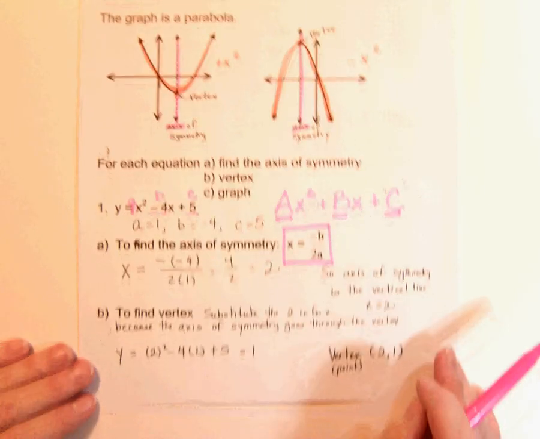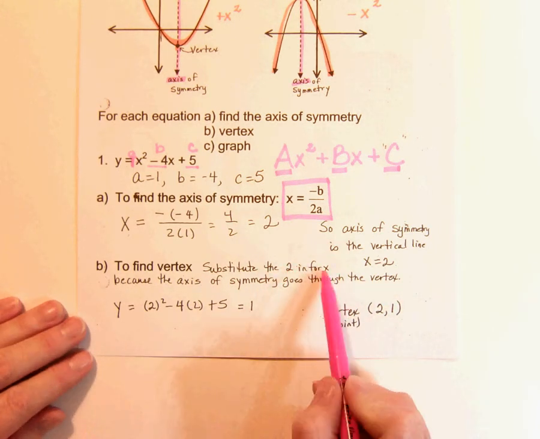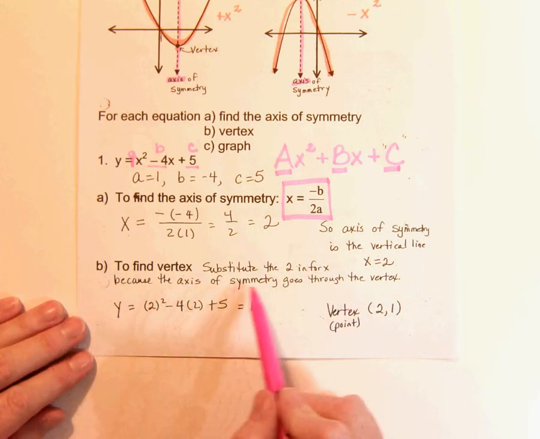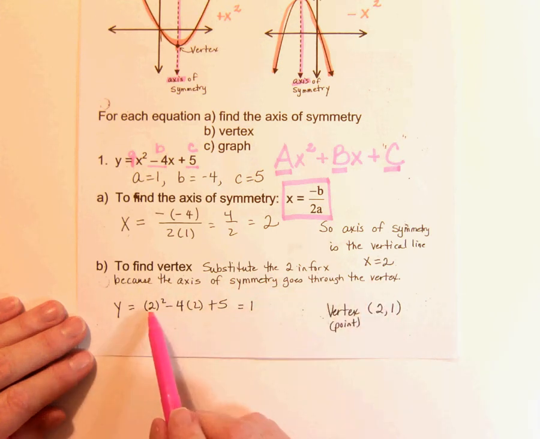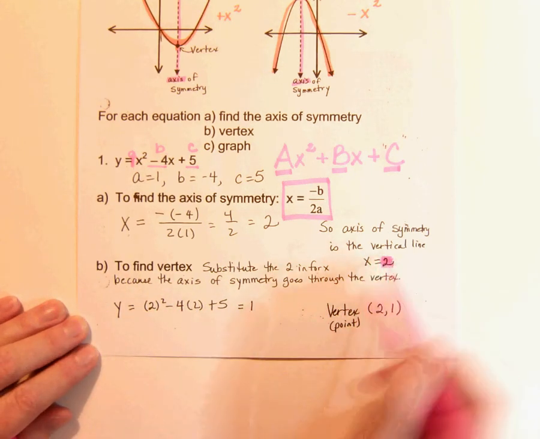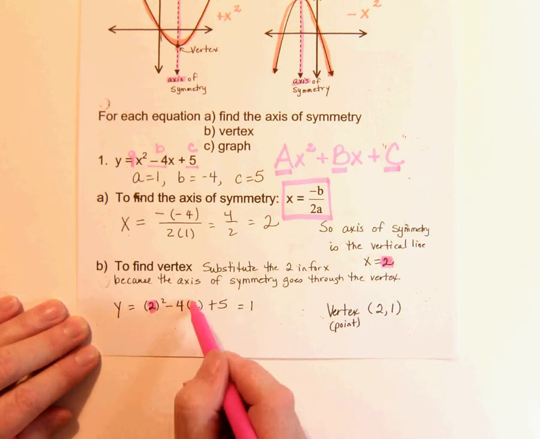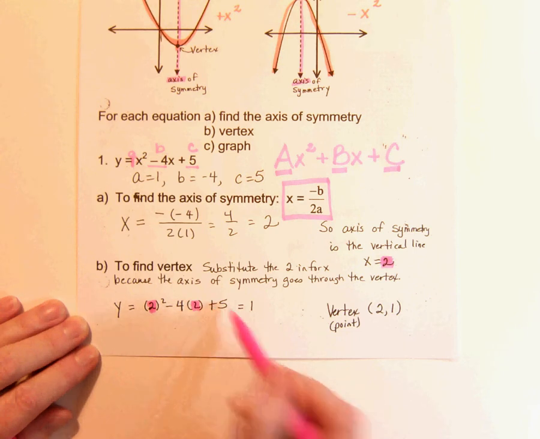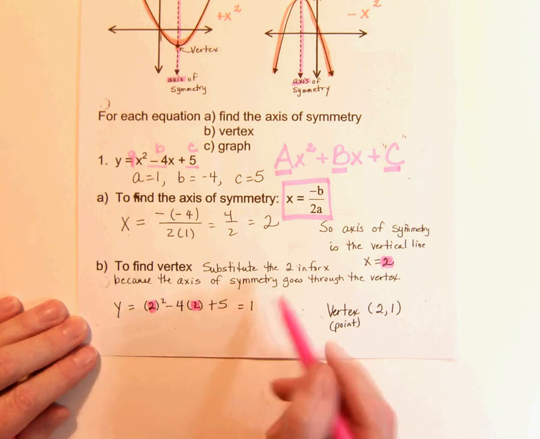If you were to find the vertex, you would substitute that 2 in for x, because the axis of symmetry goes through the vertex. Notice how they're substituting: everywhere there was an x is now a 2. They put this 2 into 1x squared minus 4x plus 5, and once they did that operation, their answer was 1.